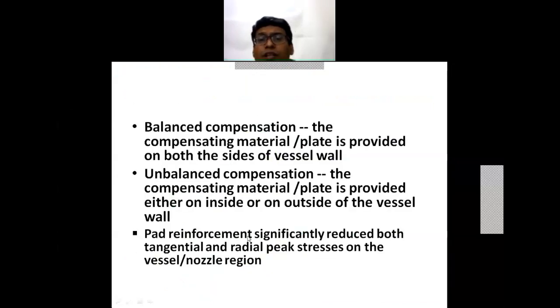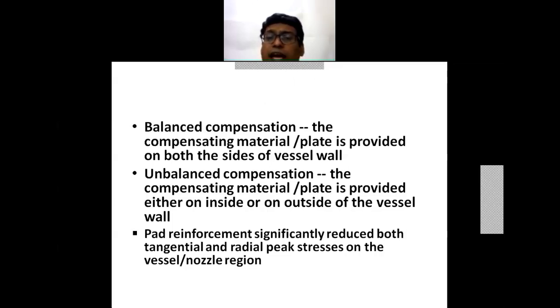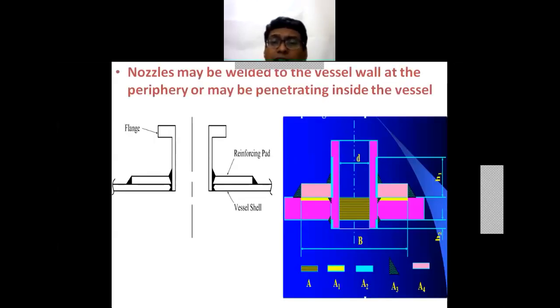Now here there is balanced compensation and unbalanced compensation. In balanced compensation, the compensating material or the plate is provided on both sides of the vessel wall. That means in this figure I have provided the compensating ring only on one side of the vessel.